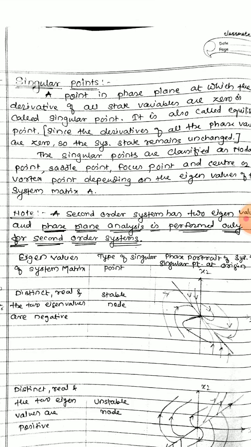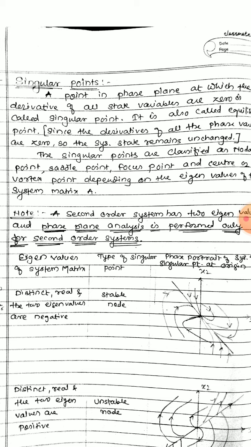So a point in the phase plane at which the derivative of all state variables are 0. So that is called as the singular point. It is also called as equilibrium point. So since the derivative of all the phase variables are 0, so system state variables remains unchanged.